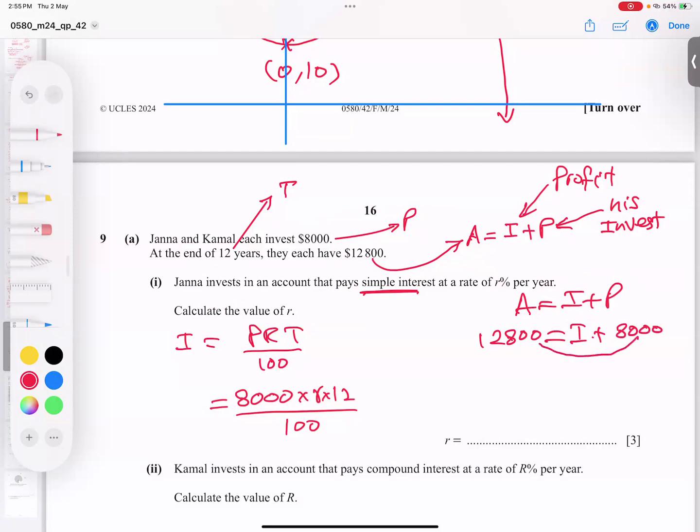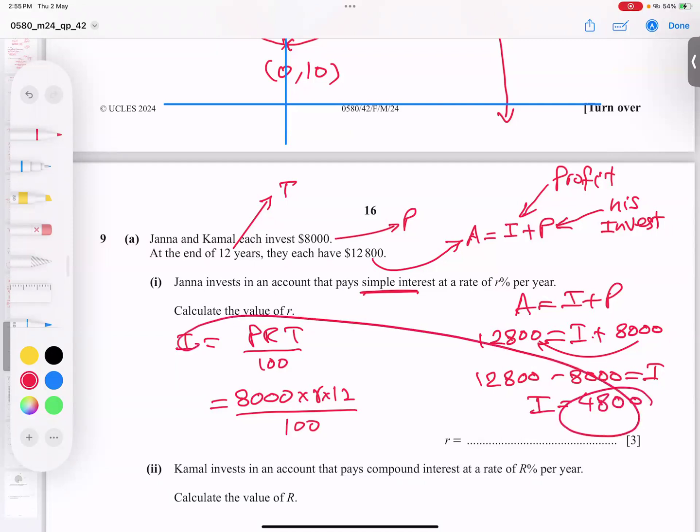I subtract $8,000 from 12800, and what I get is 4,800. So 4,800 is the profit. This value I can plug in here.